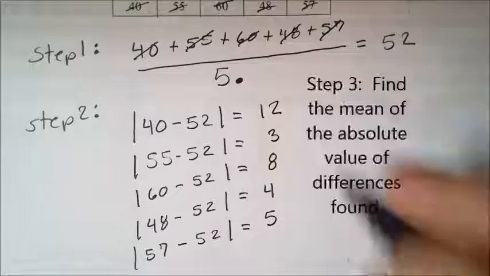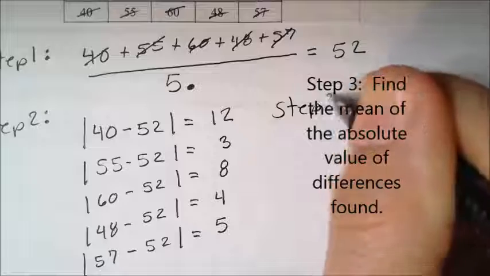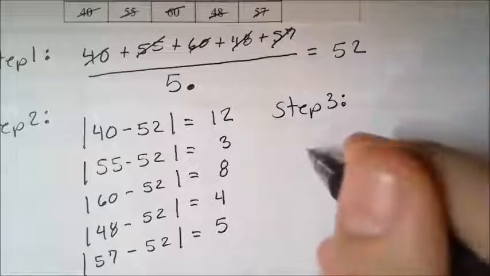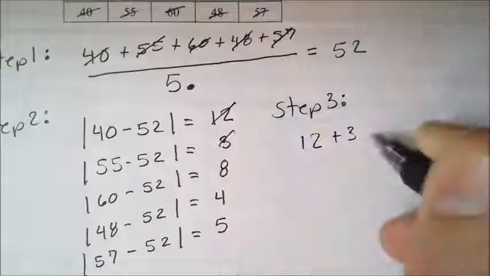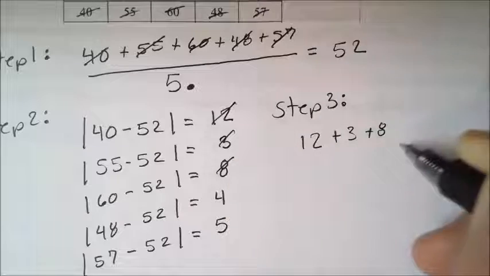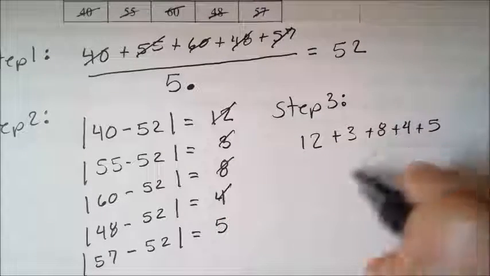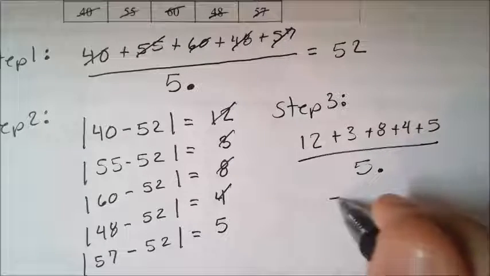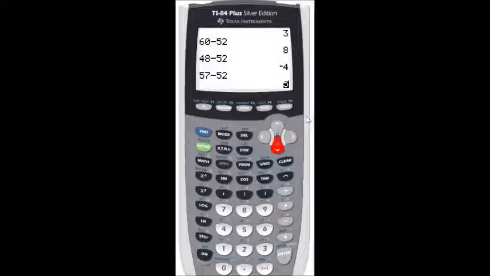So now for step 3, and I'm just going to write it right over here to the side. I'm going to put step 3. I'm going to take all these numbers right here and add them up. So I have 12 plus 3 plus 8 plus 4 plus 5. And then I'm going to divide that by 5 and put a decimal after it. And this will give me my mean absolute deviation.